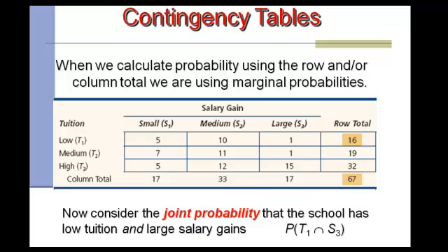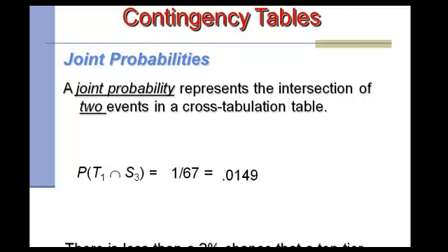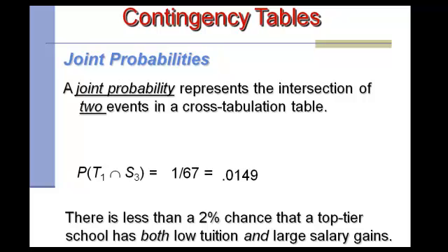I'm going to give you a moment to think about that. One out of 67. I hope you saw it on the table. So the probability of both a low tuition and a large salary gain was 1 out of 67. So there's less than a 2% chance that a top-tier school has both low tuition and large salary gains.